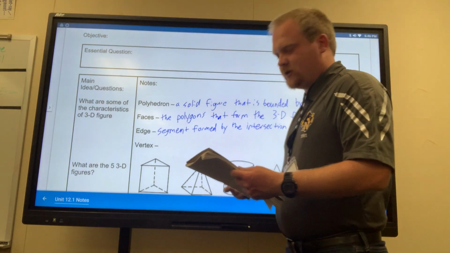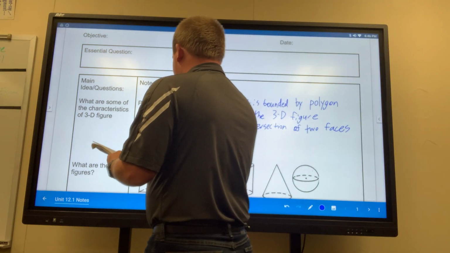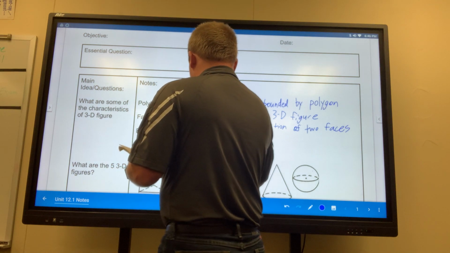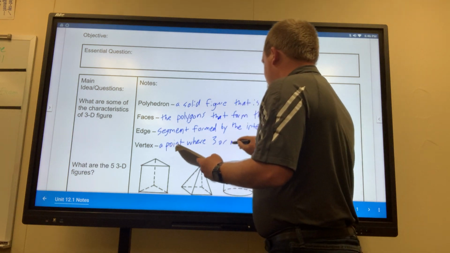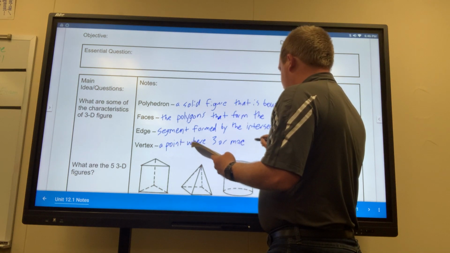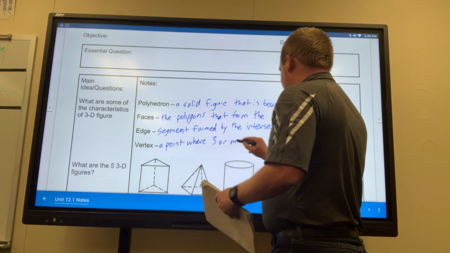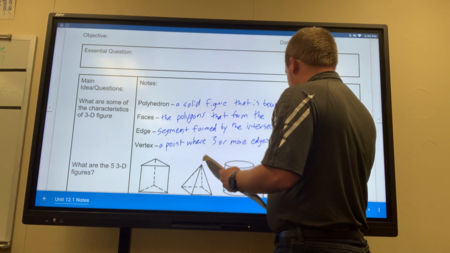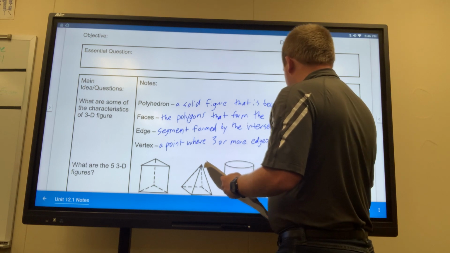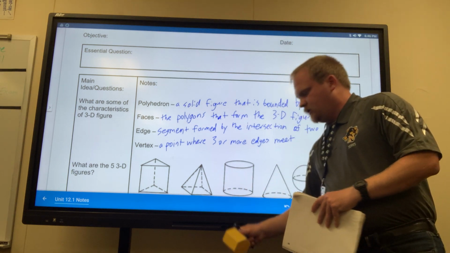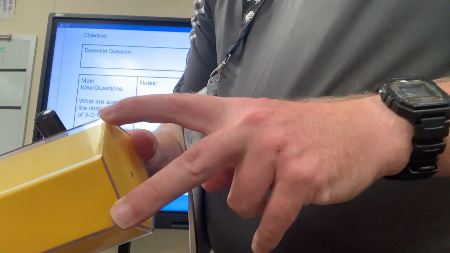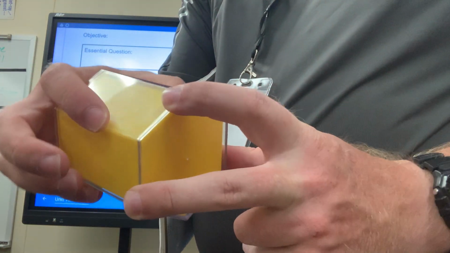Next, we have a vertex. A vertex is a point where three or more edges meet. So if I look right here, here's edge 1, 2, and 3. I'm going to put my finger on the three edges.